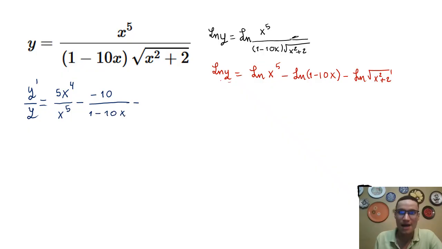And we have minus 1/2 times 2x divided by the square root of x squared plus 2 times x squared plus 2 all raised to the power of minus 1/2, which is square root in the denominator basically.